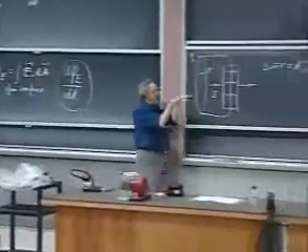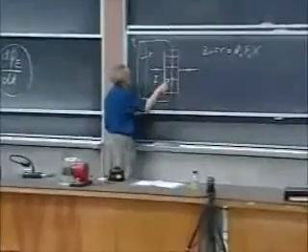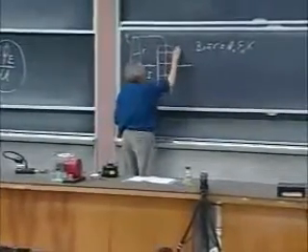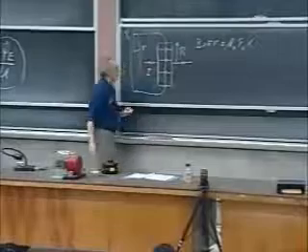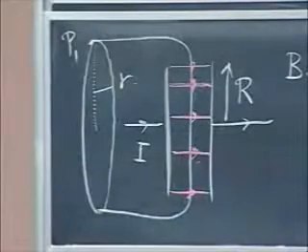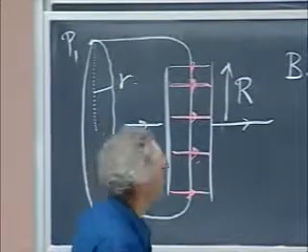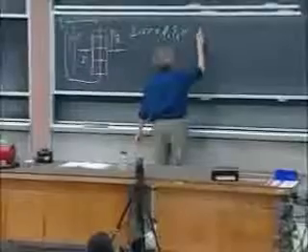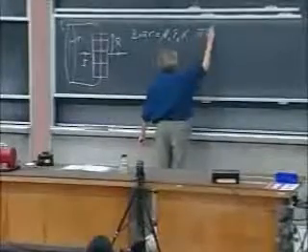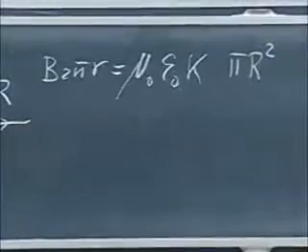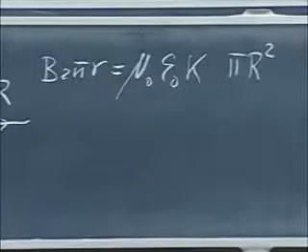So it is the electric field times pi capital R squared. And therefore, if I want to know the derivative, I get this pi R squared, which is that surface area, and now I need dE/dt.